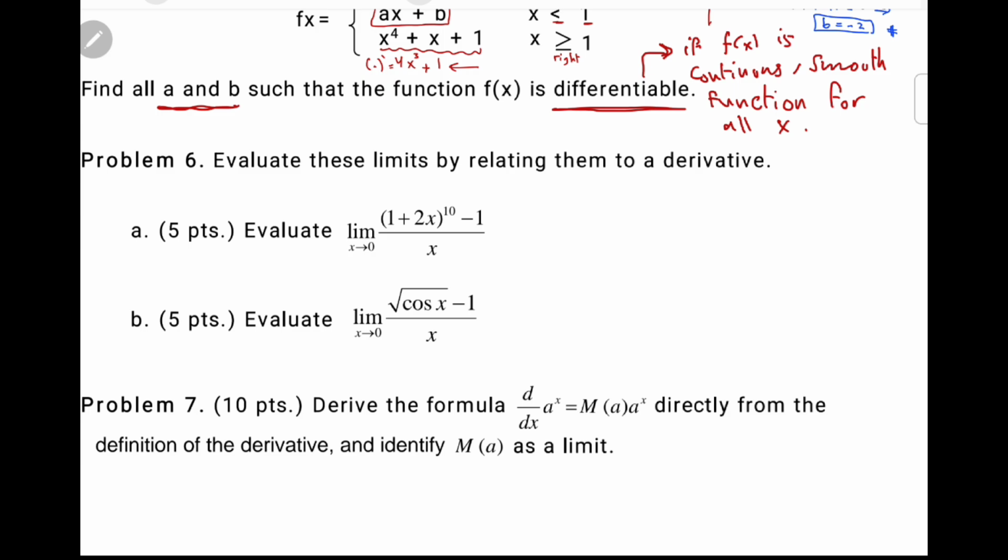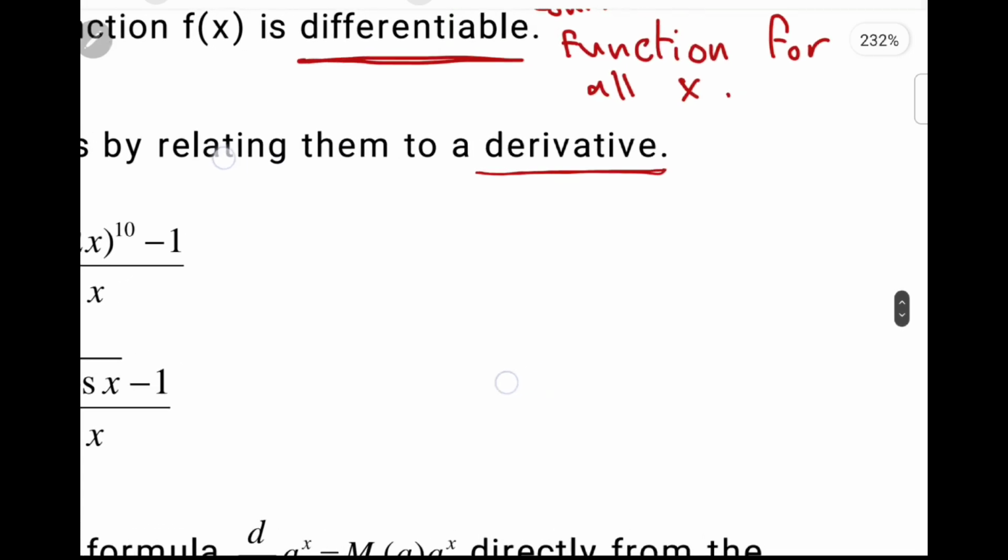Now, problem 6, we're asked to evaluate these limits by relating them to a derivative. So what does that mean?